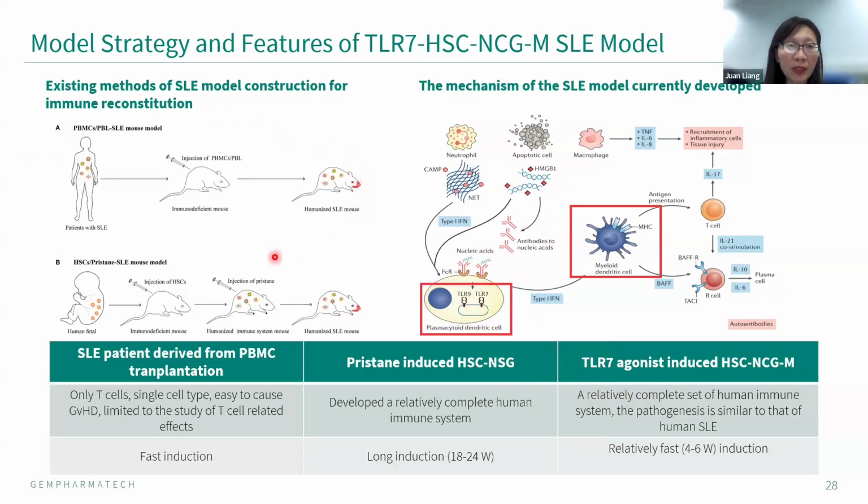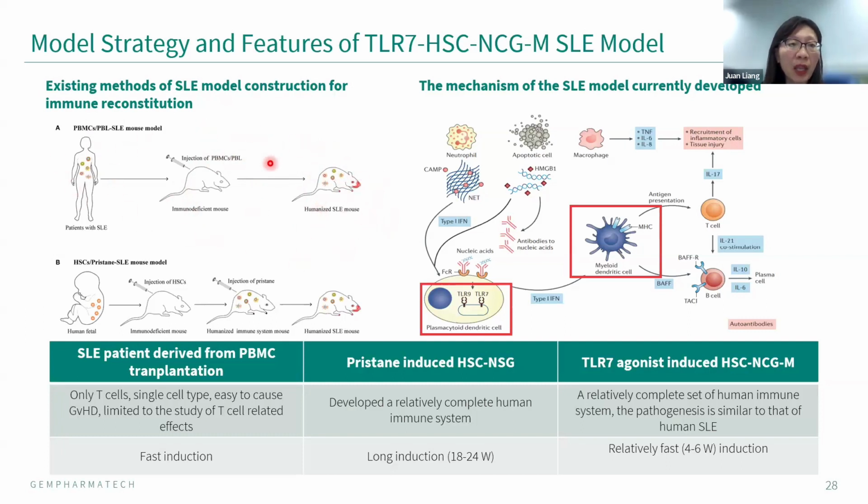Usually, for this kind of SLE model, we can use two different methods to generate it. One method is human PBMC transplantation into immunodeficient mice. Then we can get a human SLE model.